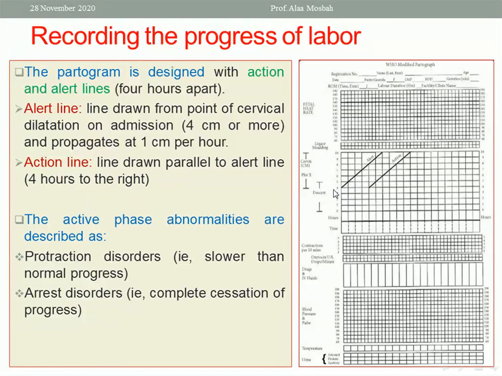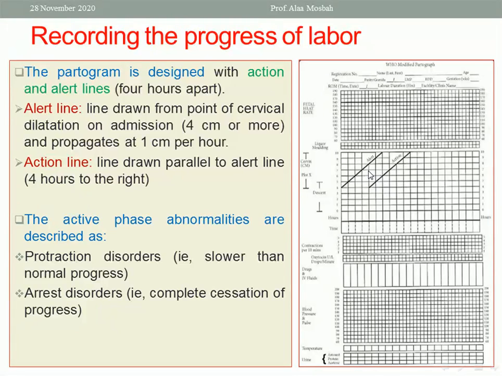But if there is a problem in the progress of cervical dilatation, it will cross the alert line and pass into the area between the alert and the action line. This should be an alarm for you that there may be something wrong because the progress of cervical dilatation is not going very well.